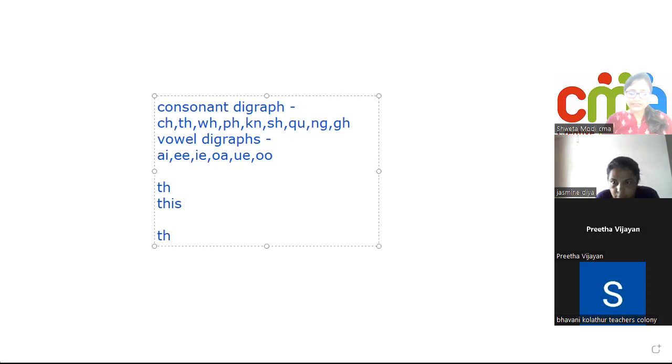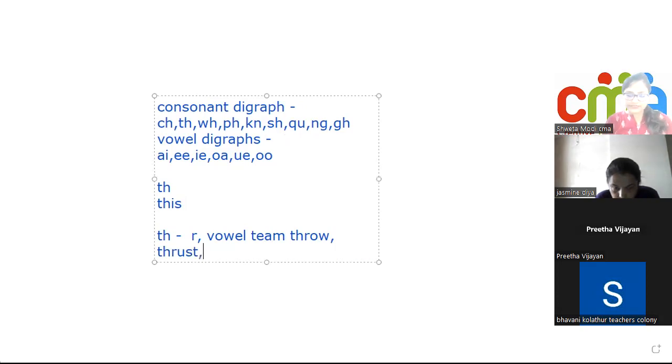Whereas when you have TH before the sound of a consonant, TH followed by a consonant, or it can be a vowel team. Like in the word throw, after TH we have R, which is a consonant, or thrust, we have a consonant after TH.